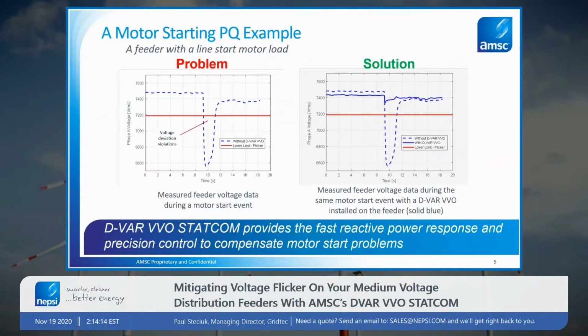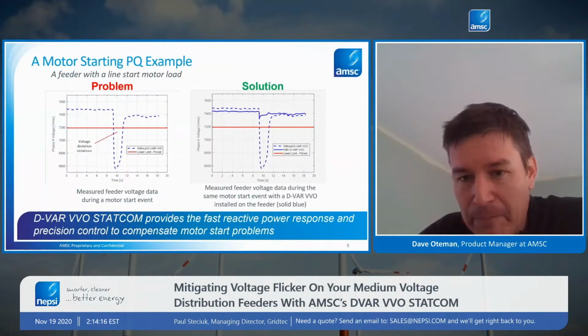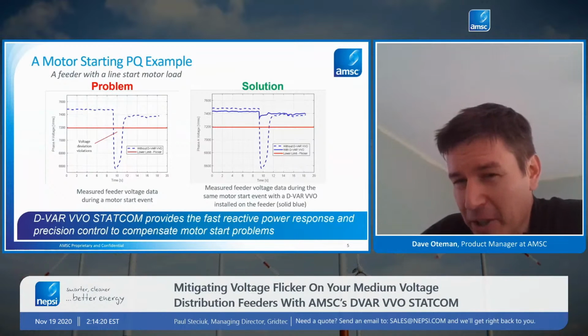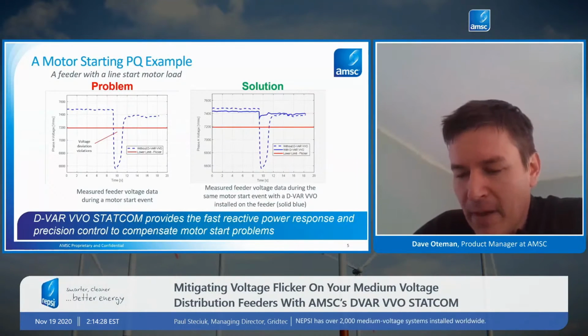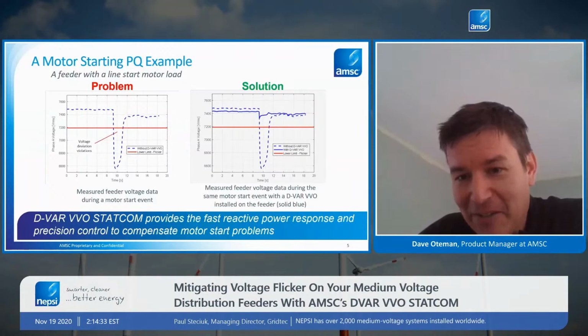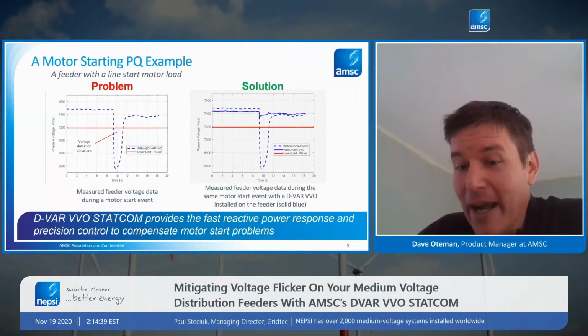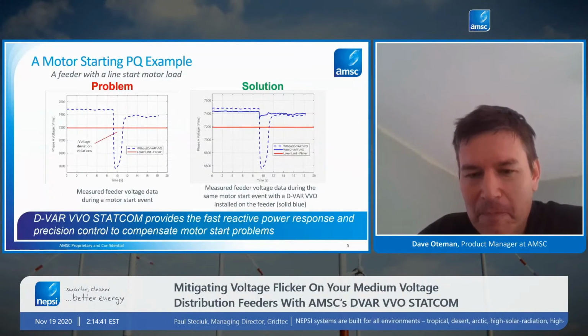That blue curve shows the result with the STATCOM operating. There's a little bit of voltage drop remaining, simply due to the real power the motor is drawing, which reinforces the idea that this is a reactive current problem that can also be addressed by a reactive current device.